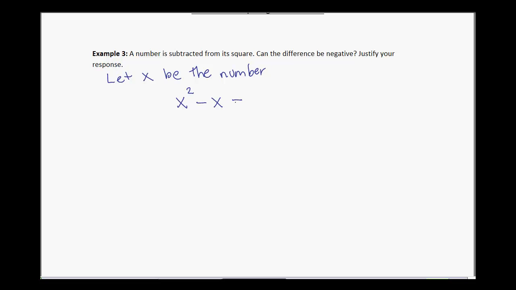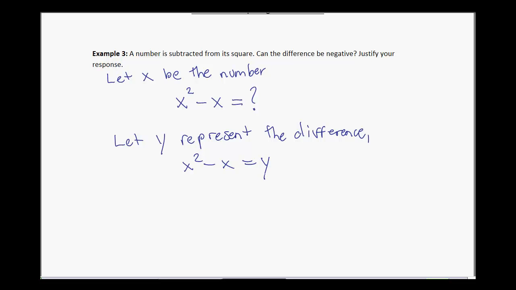We want to know if the difference can equal a negative. So let's let, say, y represent the difference here. So then we get x squared minus x equals y. Let's rewrite this as x squared minus x minus y equals 0.